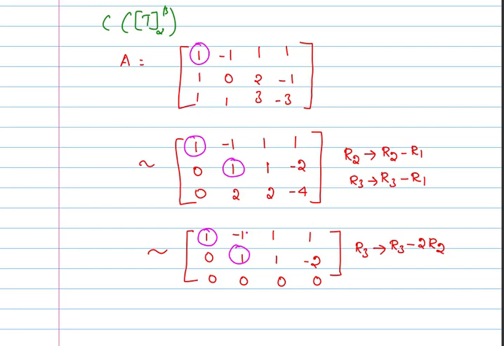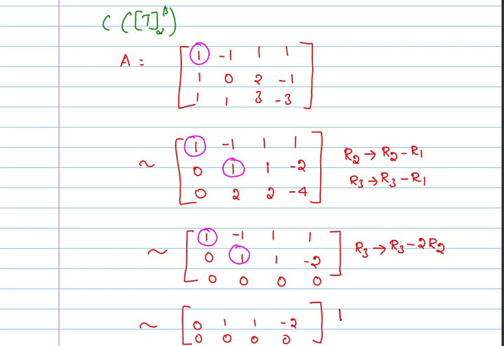So for the row reduced echelon form, this entry also I want to make 0, correct? So I can make it as follows. The third row is as it is, 0, 0, 0. The second row is as it is, 1, 1, minus 2.